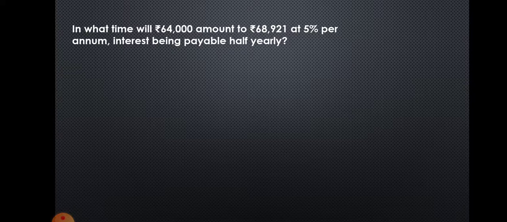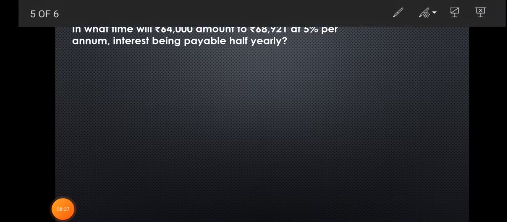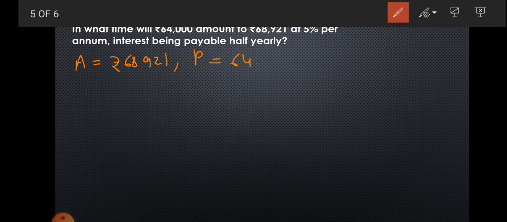Next question, in what time will rupees 64,000 amount to 68,921 at 5% per annum, interest being payable half yearly? Here amount is rupees 68,921. Principal is 64,000. Rate is 5% per annum.